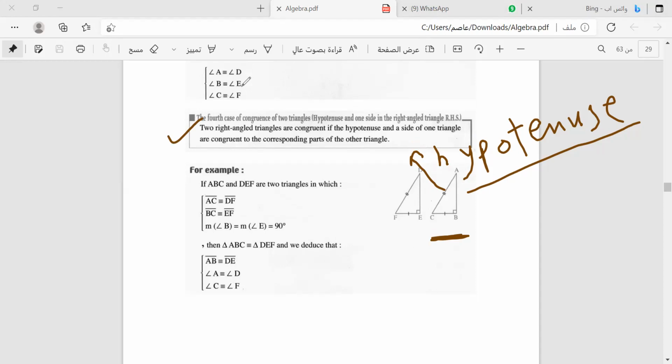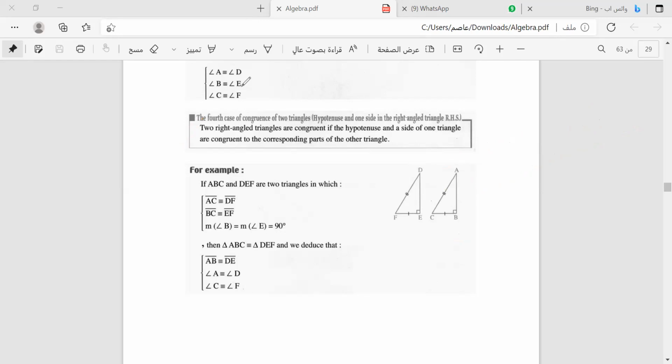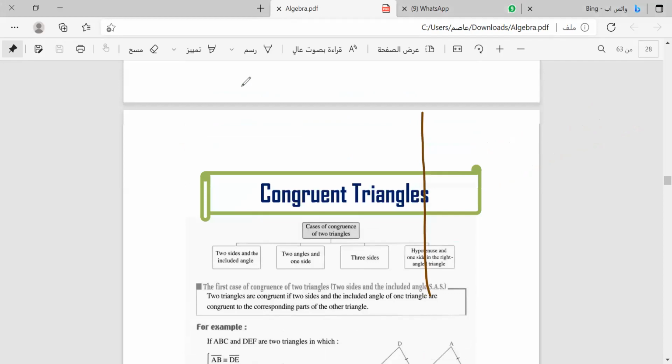So that in this figure, BC equals EF, AC equals DF, measure of angle B equals measure of angle E, so that the triangle ABC is congruent to triangle DEF. So we have four cases of congruent triangles.